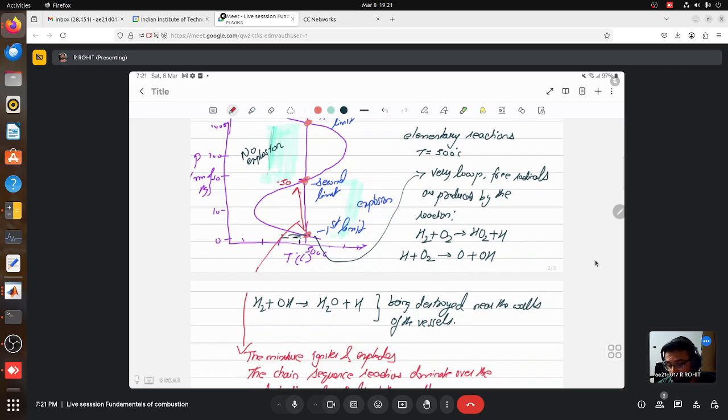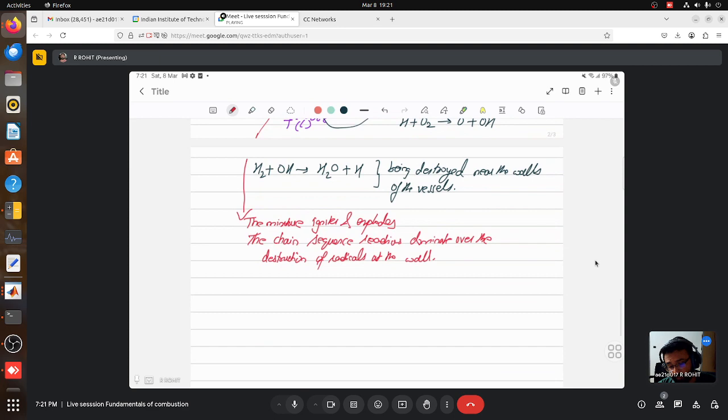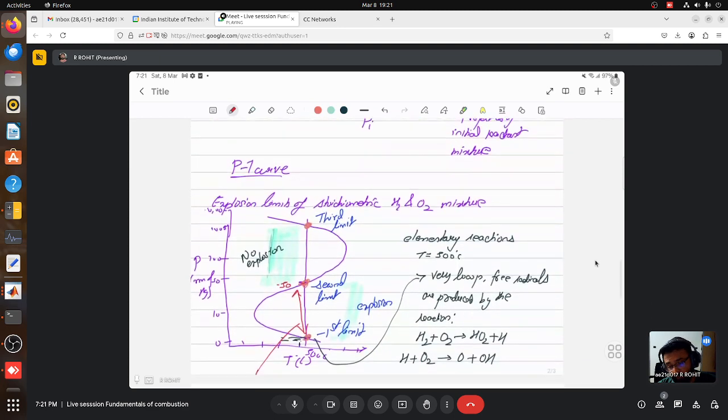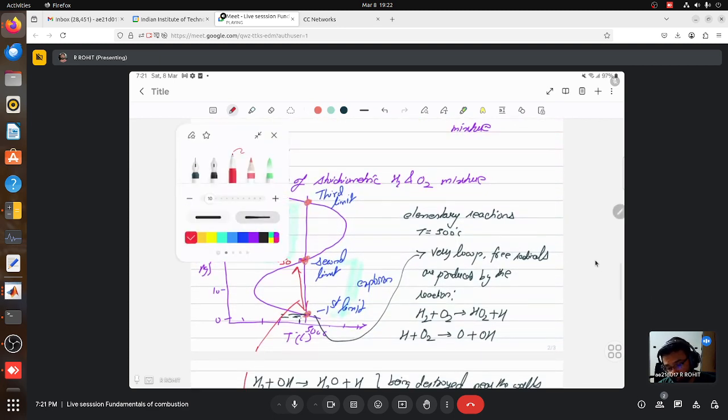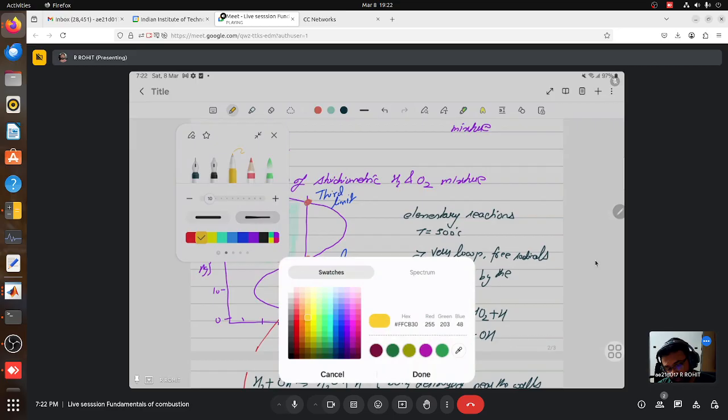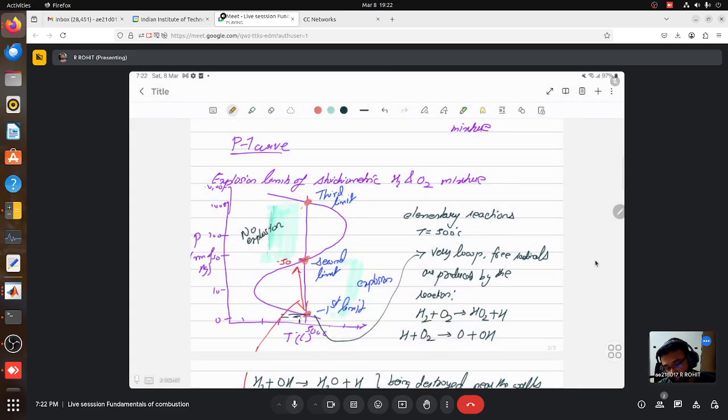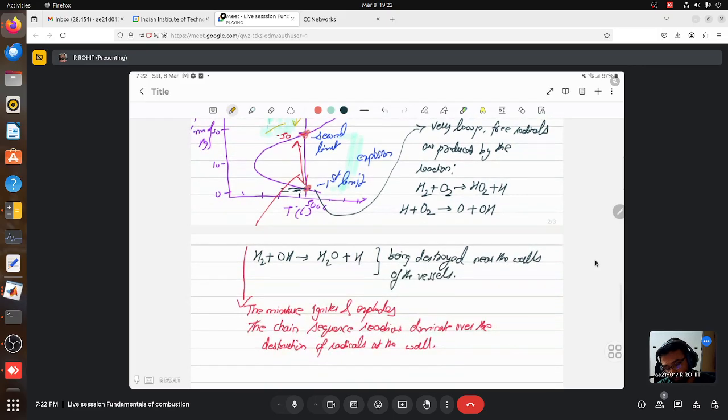Up to that, your explosion region goes, and now we move on to the next region.